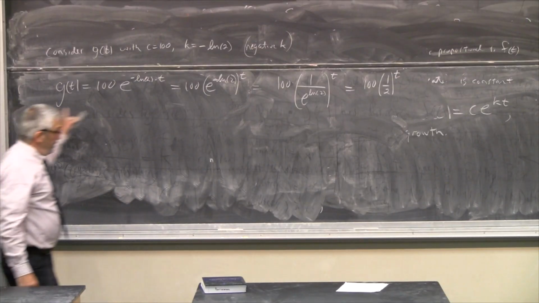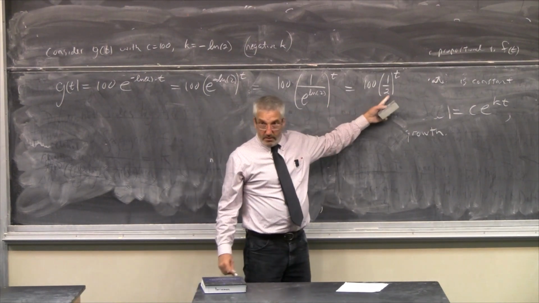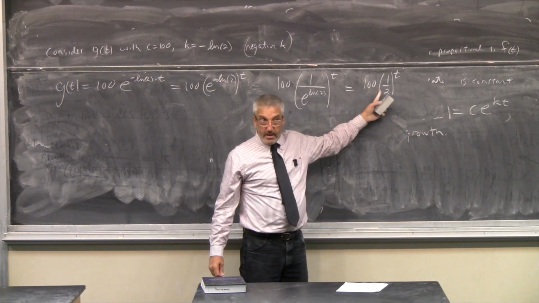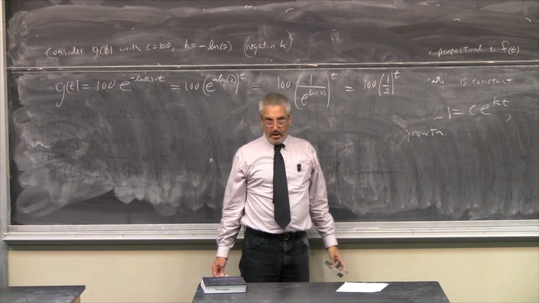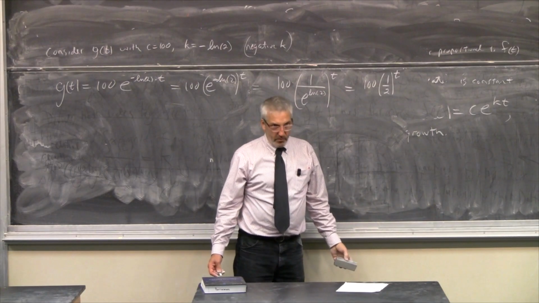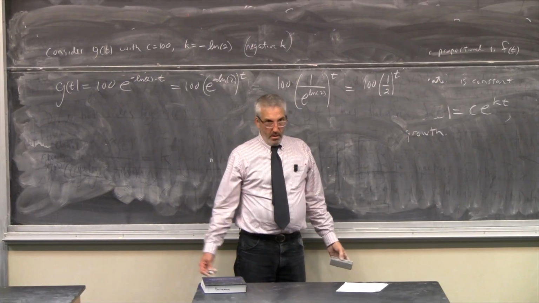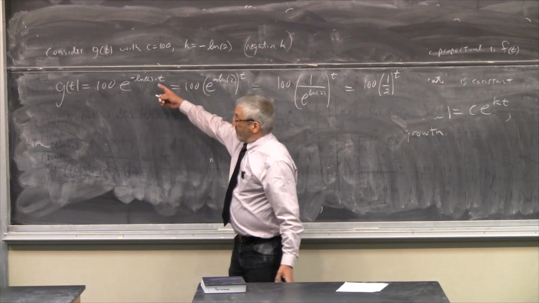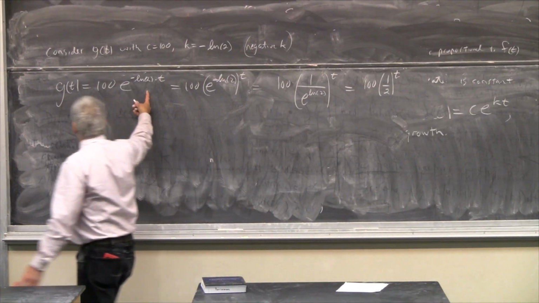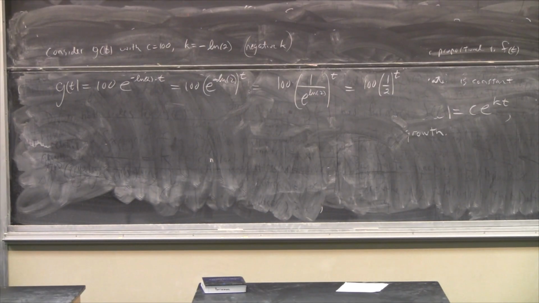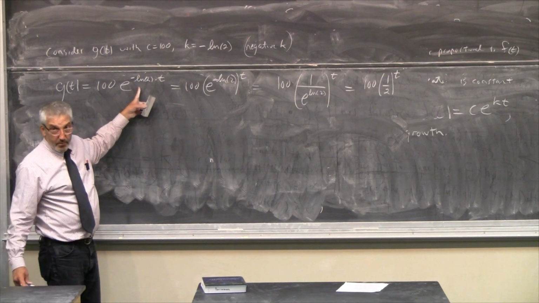Now, this is still of the form c e to the kt, but it's been presented in this weird way. How would the graph of this look? Well, let's go back to this. This function here, 100 e to the minus ln of 2t, looks just like this function, 100 e to the plus ln of 2t. But there's a minus sign inside by the variable.